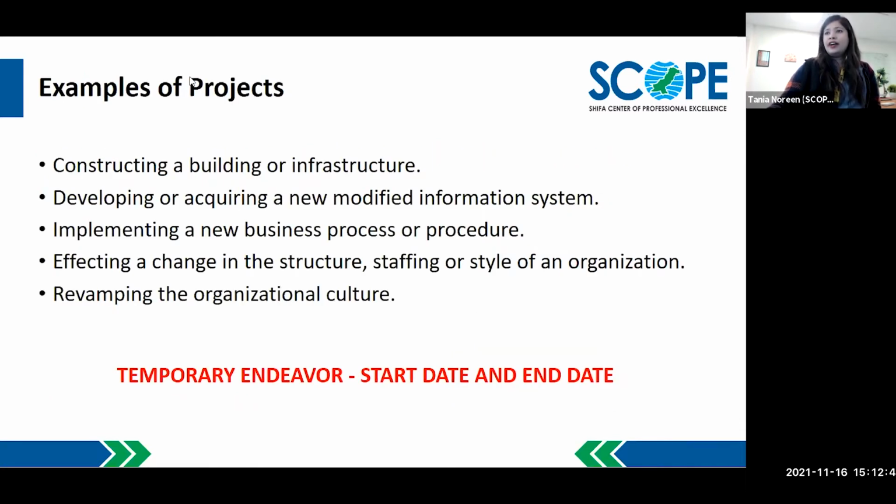And then here we have some examples of projects. Constructing a building or infrastructure is an example of a unique product. Developing or acquiring a new or modified information system is an example of a unique service. Implementing a new business process or procedure is an example of a unique product again.